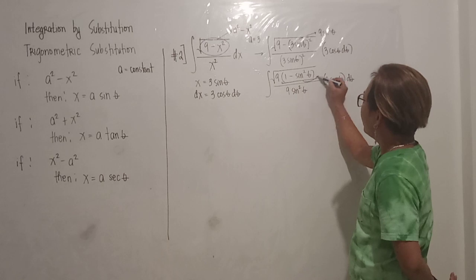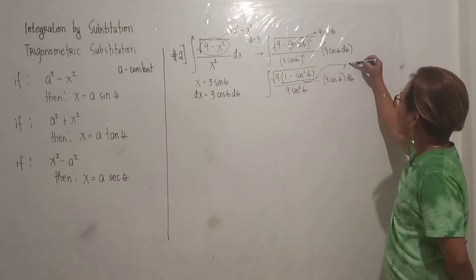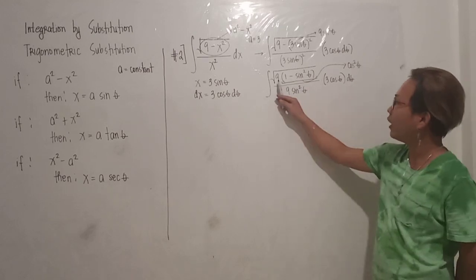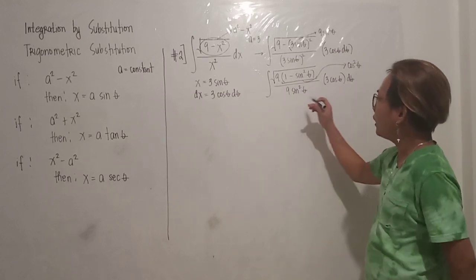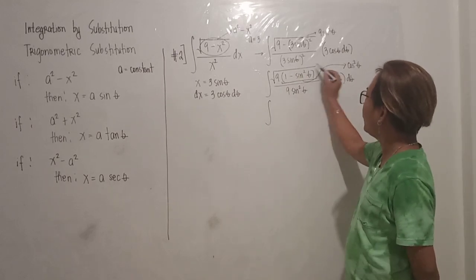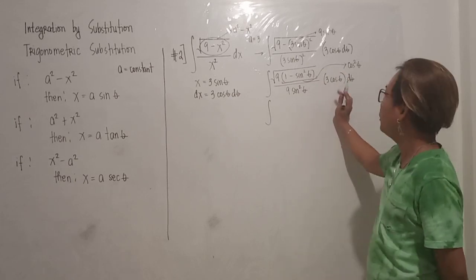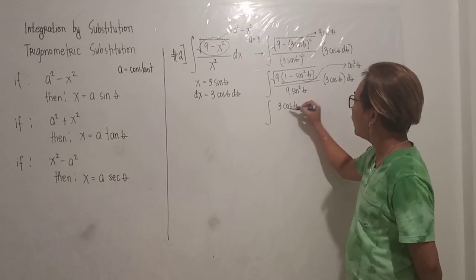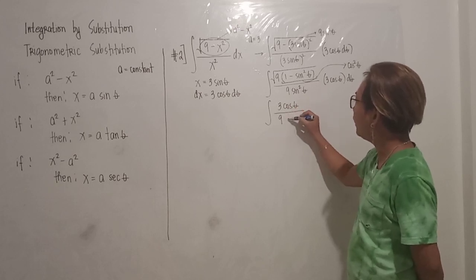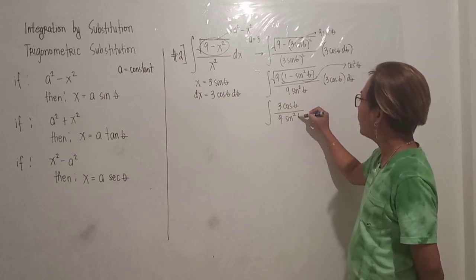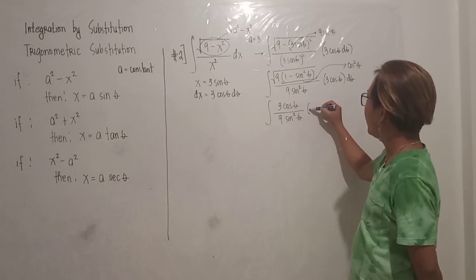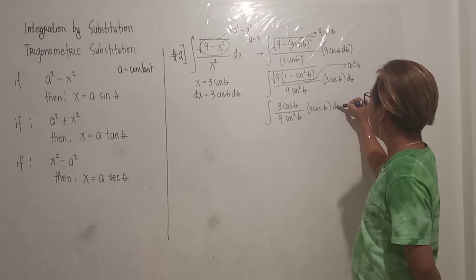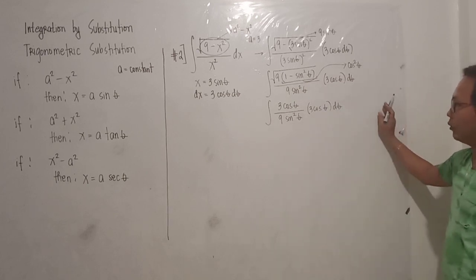This part is cosine squared theta. So magkakaroon ka ng 9 cosine squared theta. Ang kalalabasan, if you extract it to the square root, you will now have 3 cosine theta all over 9 sine squared theta multiplied by 3 cosine theta d theta.